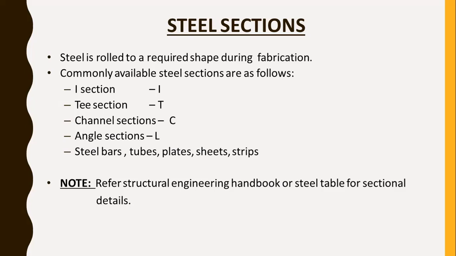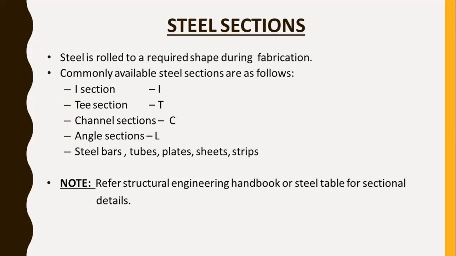So basically, the steel table gives you the idea about what type of section you choose and what type of grade you are using, and depending on that, different properties are provided in this steel table, right?